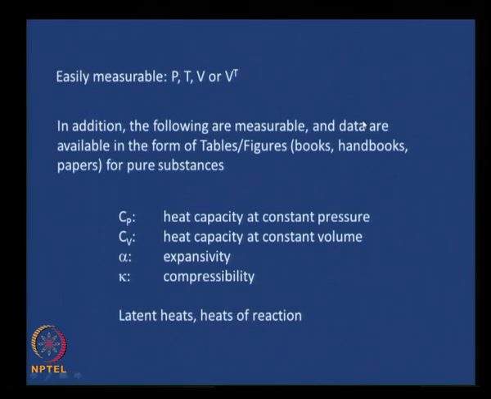Cp, heat capacity at constant pressure, the data is available. Cv, heat capacity at constant volume, the data is available. Alpha, which is expansivity, I will go into details of this in a little while, and kappa, the compressibility, are all available. So, if they are available, we might as well make use of them to estimate the difficult to measure thermodynamic variables. In addition to these, the latent heats are all available, as well as the heats of reaction. Let us look at these in a little more detail.